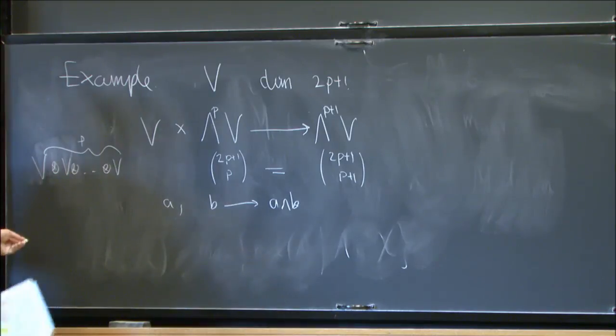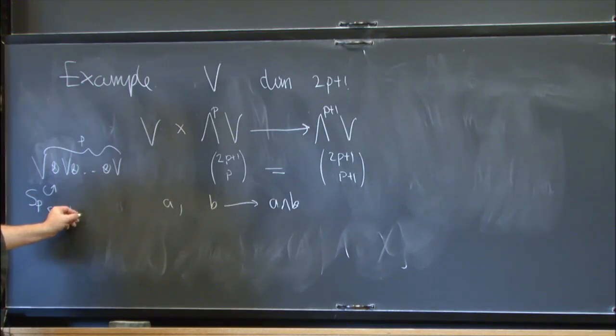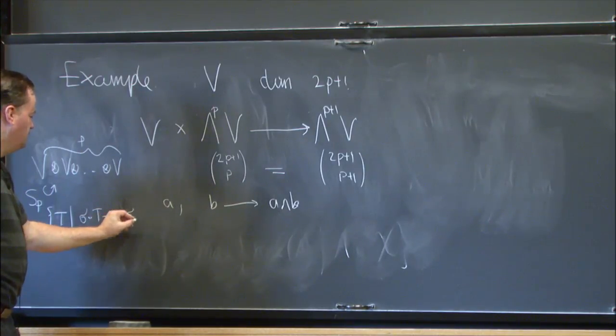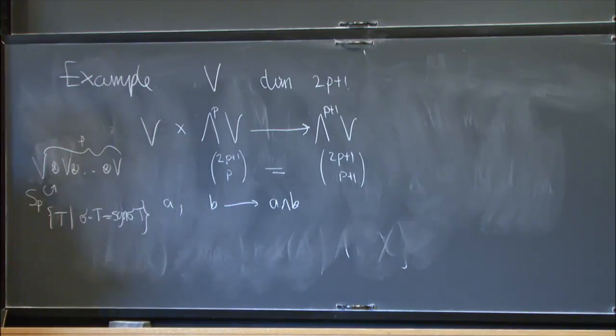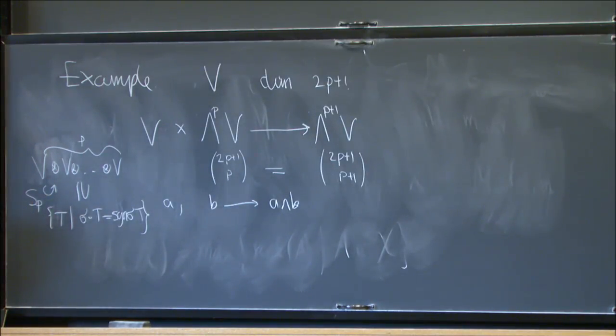These are all the tensors that have this property under the action of S_p: if we have an element of S_p and apply it, the way it acts is by the sign. So that's one way of defining the pth exterior power, at least in characteristic not 2.